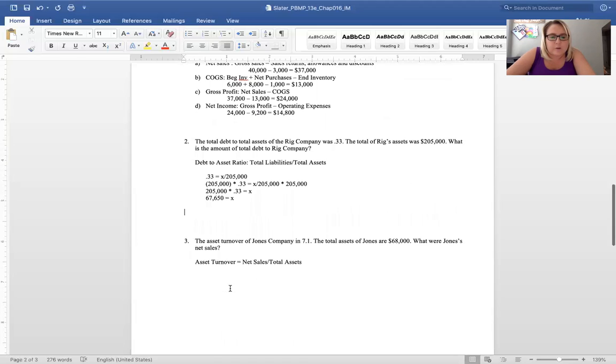Number 3 is the same kind of question. Asset turnover of Jones Company is 7.1. Total assets are 68,000. What will Jones's net sales be? So asset turnover equals net sales divided by total assets. Well, we're told the asset turnover is 7.1. We're trying to solve for net sales, and total assets is $68,000.